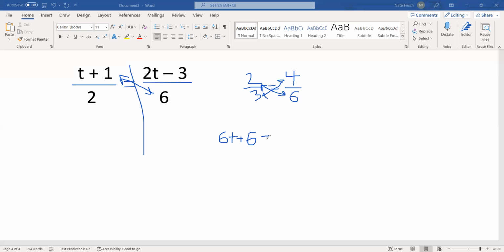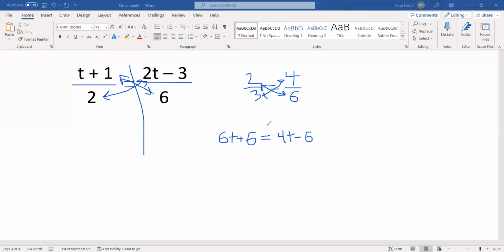And it doesn't matter if I put that on the left side or the right side of the equation. And I'm going to do the other ones. Cross products, 2 times 2t minus 3. And that 2 gets multiplied by both, not just the first one. So 2 times 2t should be 4t. 2 times a -3 will give us a -6 or -6.